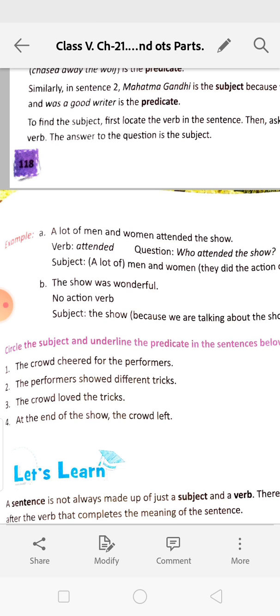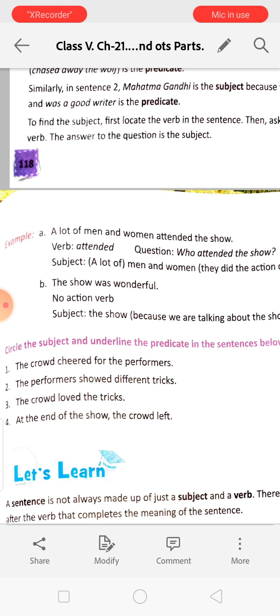At the end of the show, the crowd left. Here no action verb is there. See? If we say left is the action verb, then what will be the answer? Who left? The crowd. So here the crowd is the subject.